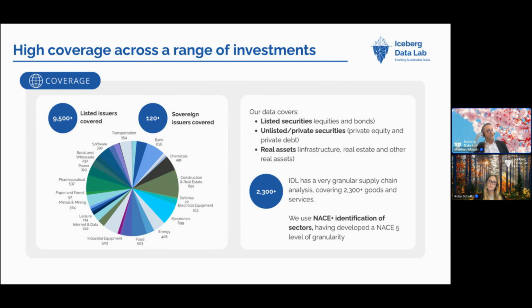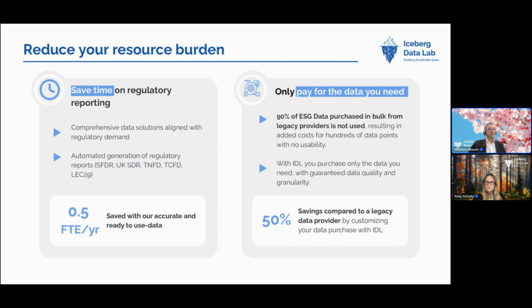Climate, on both issuers of equity and fixed income instruments, govies too, and the underlying granularity of our model is important, because your signal will be as good as the architecture of your model reflects the economic reality. As you see, it's not sector-based, it's product and services-based, and so we reach 2,300 different products and services.